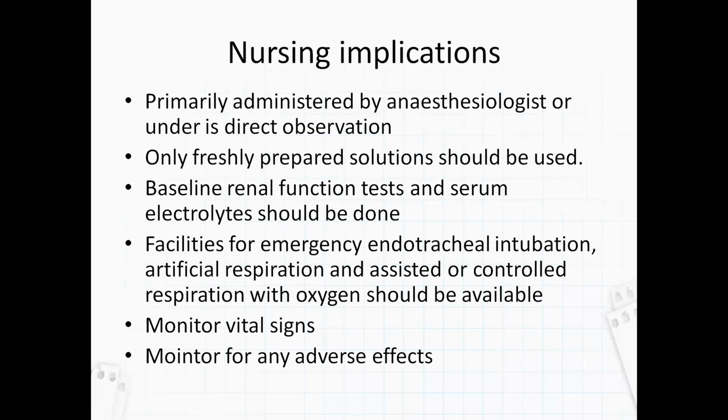Also the renal function test, because as we saw, the elimination of peripheral muscle relaxants happens through the renal system. So if there is any problem in renal function, it will be difficult to eliminate the drugs, and depending on the renal function test, the anesthesiologist may decide to use another drug which doesn't involve the renal system.